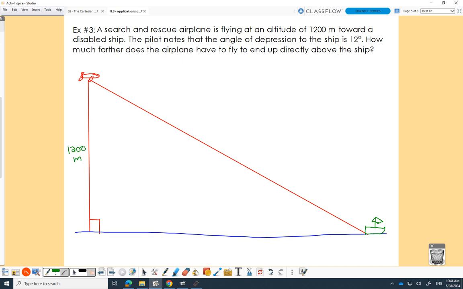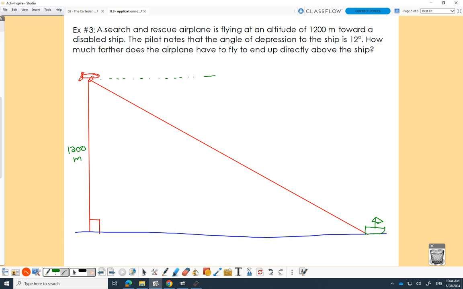Towards a disabled ship, the pilot notes that the angle of depression, that's with the horizontal. With the horizontal. So the easiest way to put horizontals on there is with just a dotted line. It's not an imaginary line, but it's like a line that I'm not really using in the question. There's the horizontal.